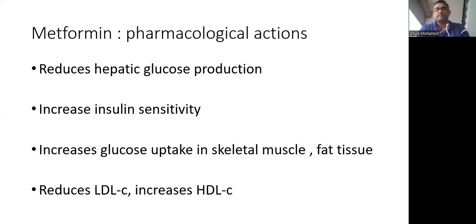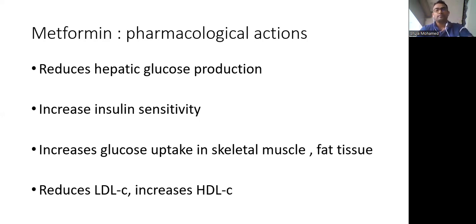As we mentioned earlier, the ideal purpose of any oral hypoglycemic agent is to reduce the blood glucose level. Either it can reduce the blood glucose production, or it can take the glucose within the blood to the cells or tissue.